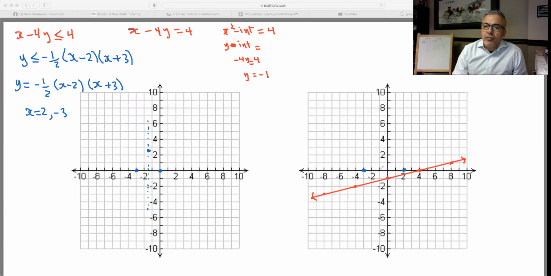So 1, 2, 3, 4, 5. That's the distance between the two zeros. Now, my vertex is going to be right in the middle, so at -0.5. You could just add -3 plus 2 and then divide by 2 to find the average. So my vertex, which is my axis of symmetry, should be at -0.5.